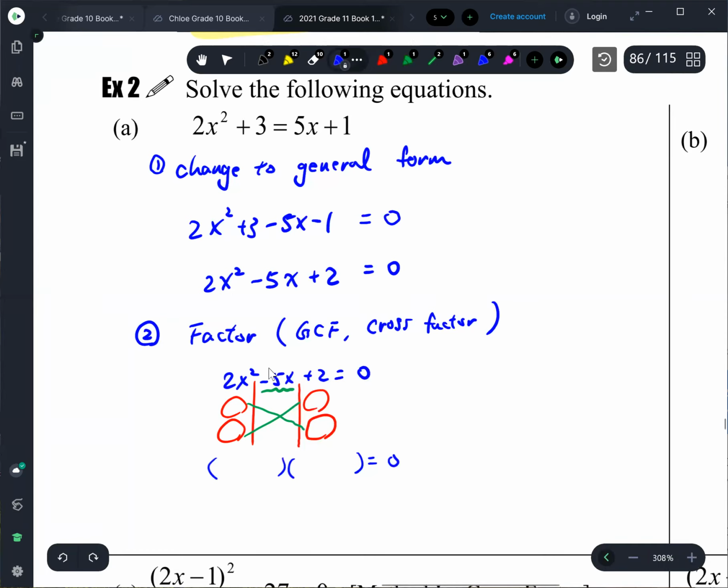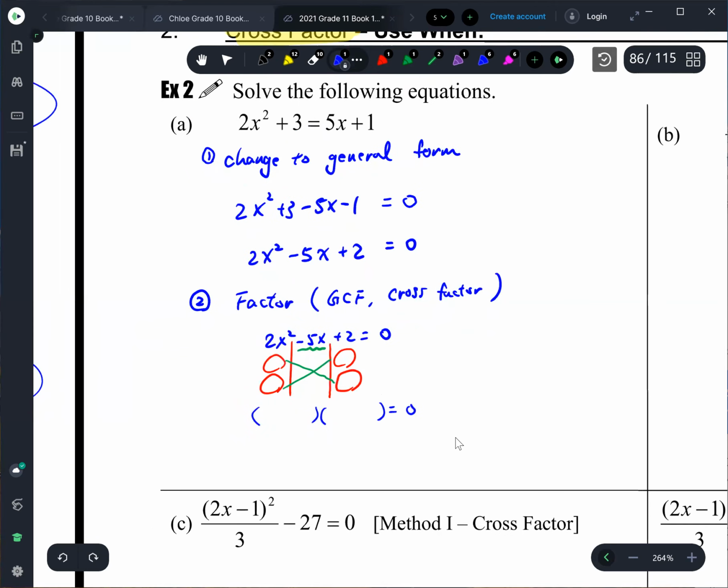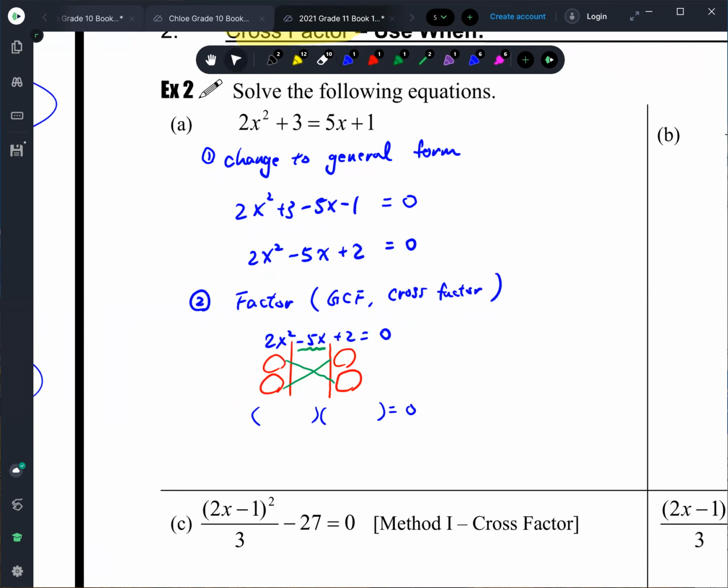Is there anyone who forgot how to factor this? You can just turn on the mic, let me know. Or if you learned it differently, you can do it your way, as long as it gets you the correct factors. Okay, please raise your hand if you found the 2 factors.